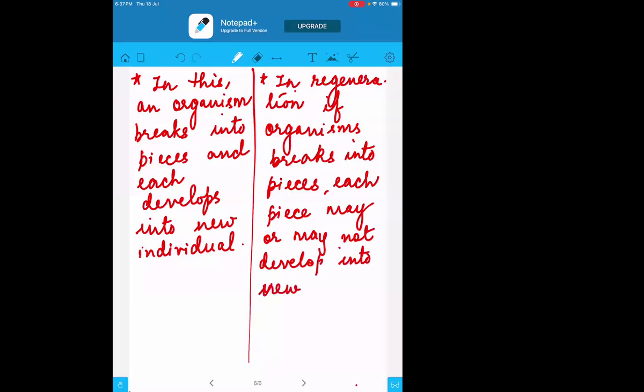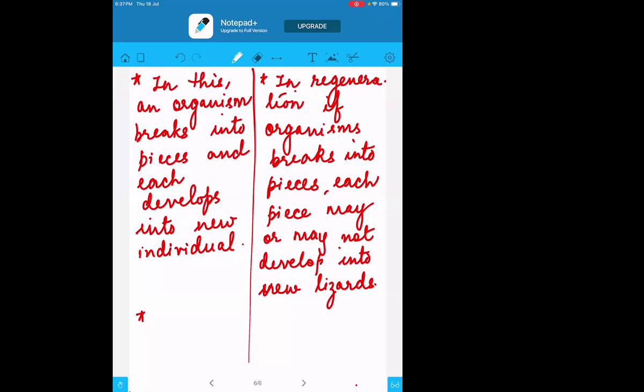Like in the case of the lizard, only from the body, the tail will regenerate. From the tail, the body does not regenerate. So that is why we say that in the regeneration process, maybe each cut part will completely regenerate or maybe not.